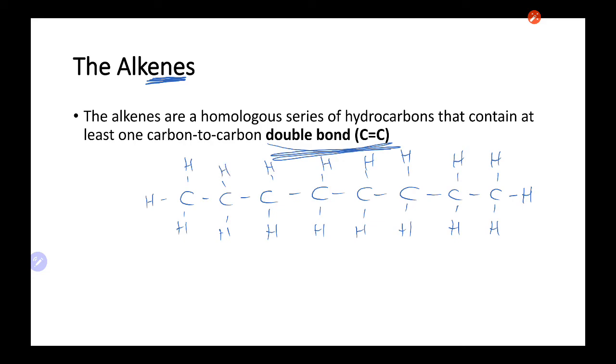Okay, so say we broke this down the middle. What we're going to have a look at now is what is actually made as a result of that. This is just to show you how the double bond is actually formed.